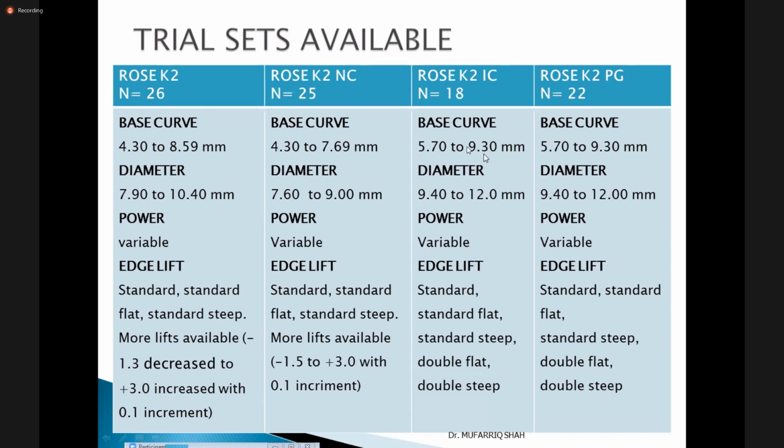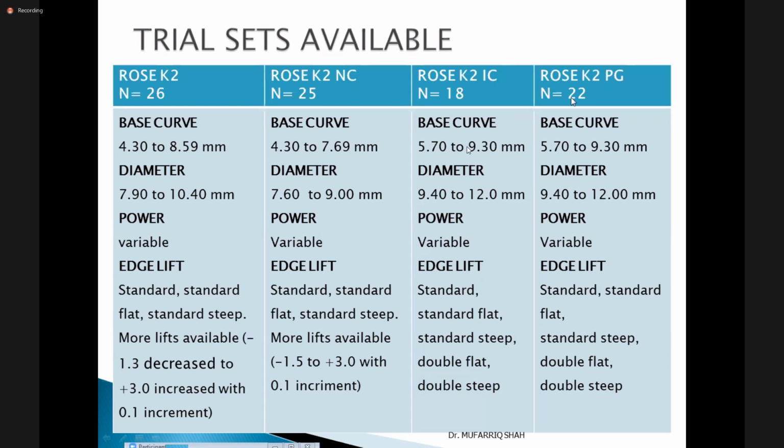The diameter ranges from 9.4 to 12 millimeter, while in Rose K2 the diameter was up to 10.4 millimeter, and in Rose K2 NC the diameter was up to 9 millimeter, while in case of IC the diameter is up to 12 millimeter, so that the periphery can also be covered. And the power is variable. Any power you can prescribe, and edge lift includes standard flat, standard steep, double flat, and double steep.